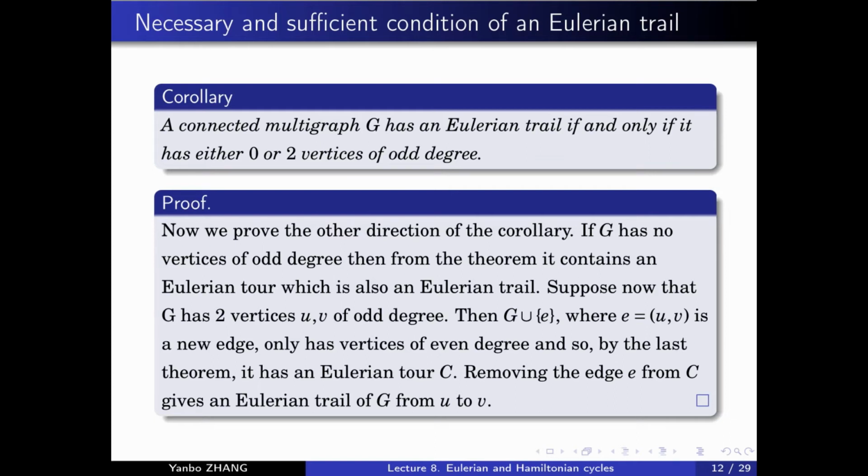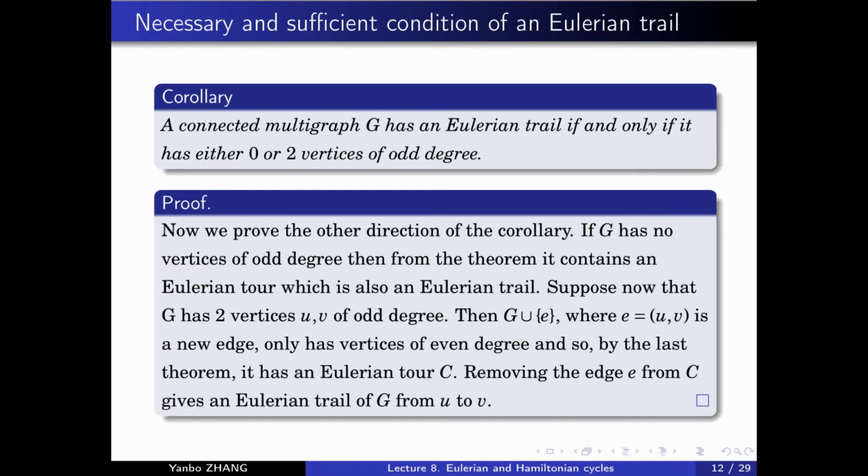Now we prove the other direction of the corollary, the sufficiency. If G has no vertices with odd degree, then from the theorem it contains an Eulerian tour, which is also an Eulerian trail. Suppose now that G has two vertices U and V of odd degree.